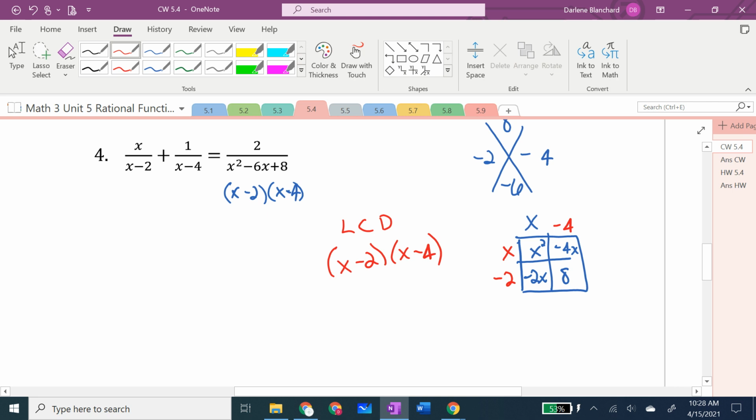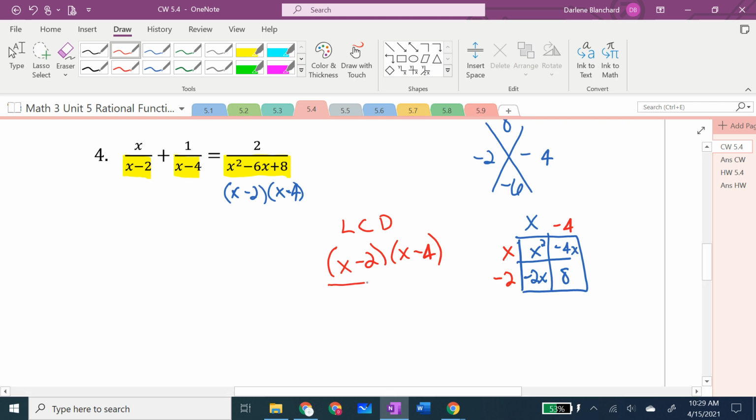With it being the least common, that means each of those denominators is able to, trying to think of the best way to say it.